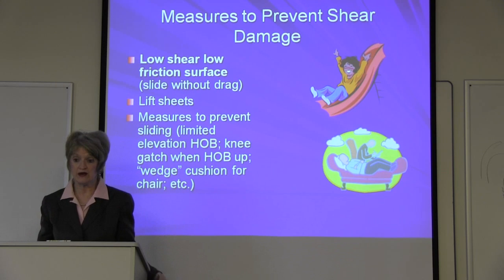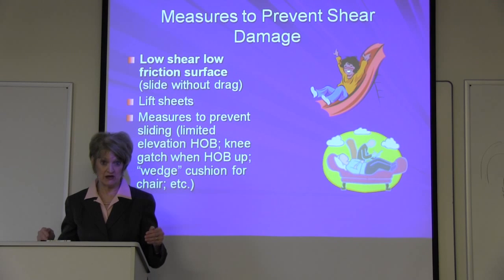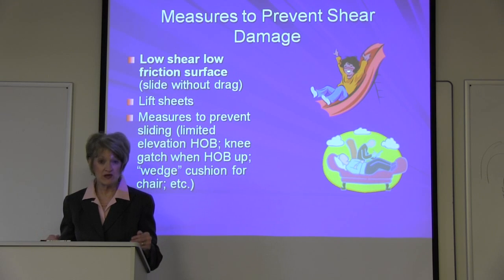We want to make sure that they're wearing shoes, like athletic shoes, that will grip the floor, because we don't want them to slide down in the chair. We want them to be stationary in the chair. So everything we can do to prevent shear force goes a long way to maintaining tissue integrity.